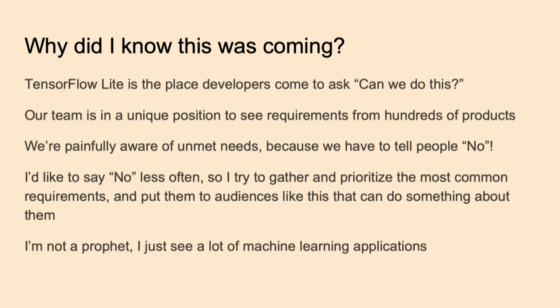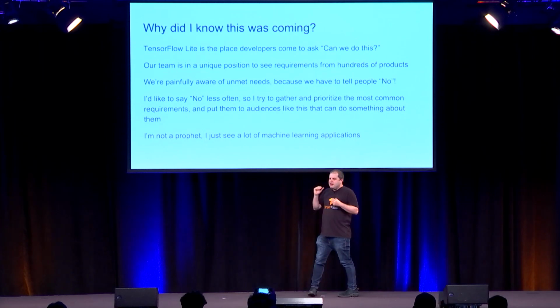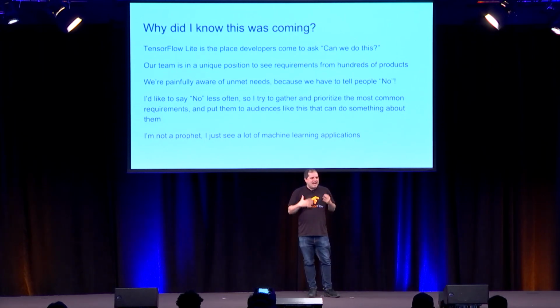It's purely because my team and I are sitting in a really interesting position, because we're providing infrastructure to people who want to build machine learning applications. That means that when people have applications they want to build that they can see are almost possible, they come to us and ask, hey, can we build this?